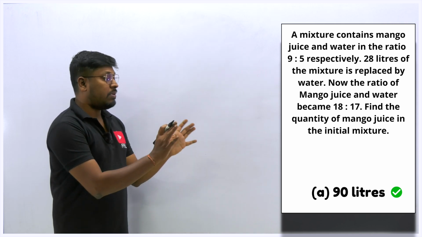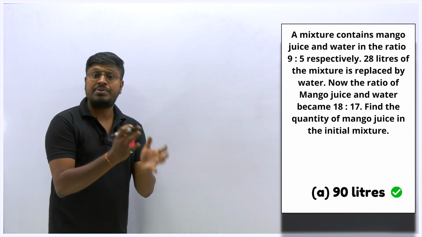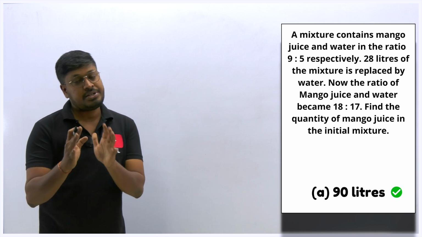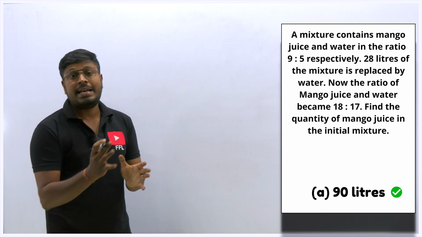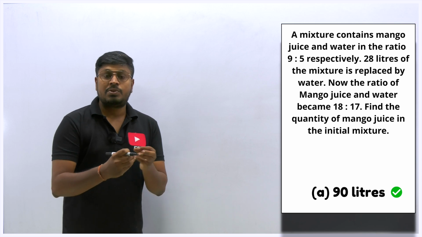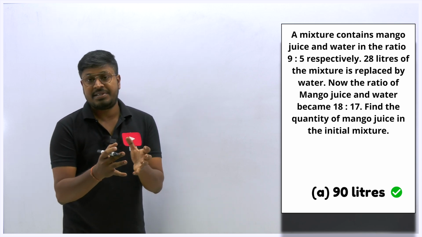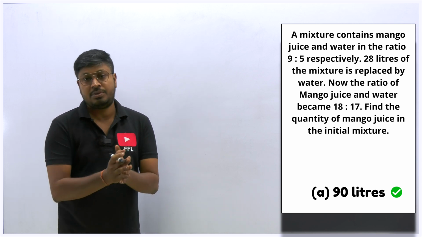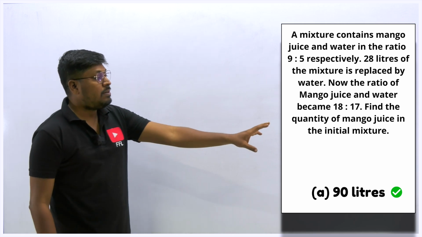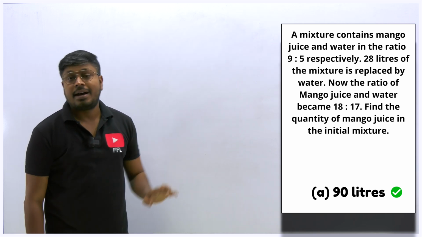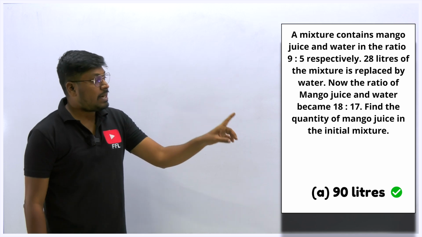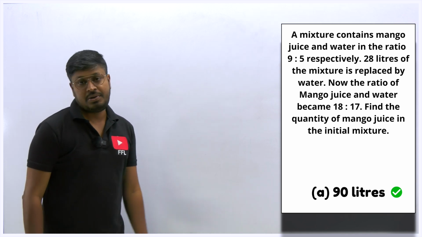By reading this question, you can understand that this question is from the alligation and mixture topic. I've told you, if it is an alligation mixture topic, try to solve normally by a traditional method, which seems to be a little bit easy to solve. Just look at the question, understand what they have given, what they are doing and what the target is to find. So the mixture contains mango juice and water in a ratio 9:5.